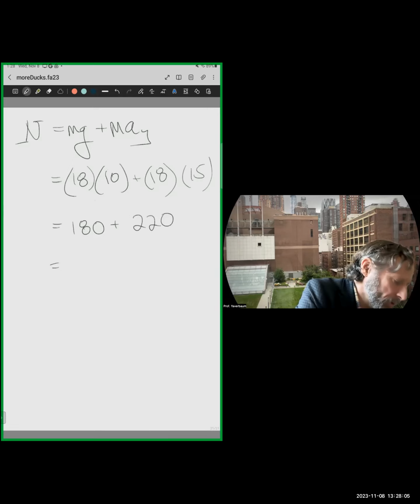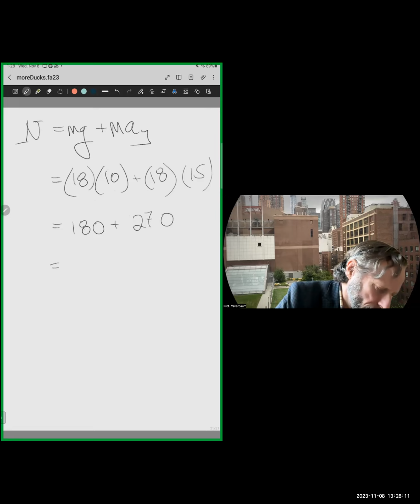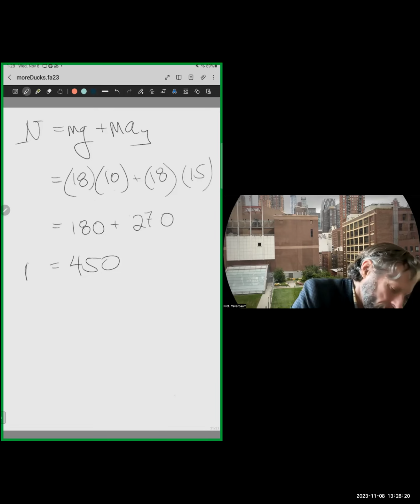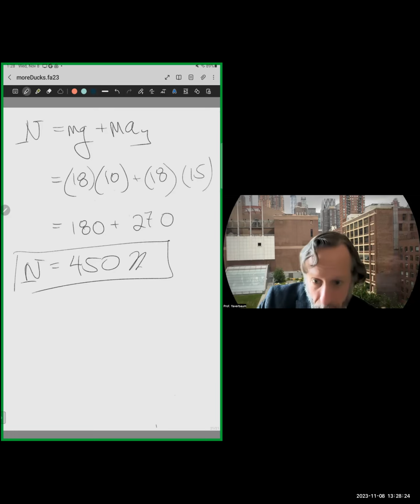Where did I get that? Okay, sorry. And that's the answer, right? The normal force has to be a lot bigger than the weight of the duck. The weight of the duck is 180 newtons.